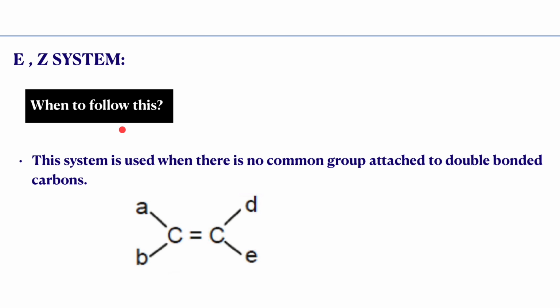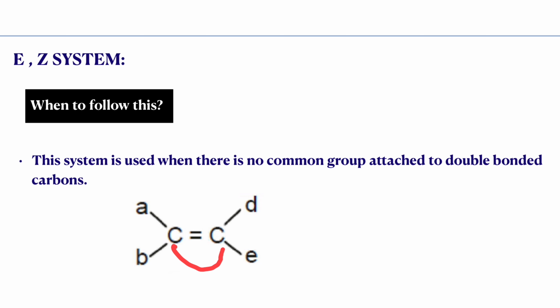This EZ system of configuration is used when there is no common group. So this is one double bonded carbon, this is also one double bonded carbon, here the groups are A and B, here the groups are D and E. The two double bonded carbons, or two sp2 carbons, do not have a common group.